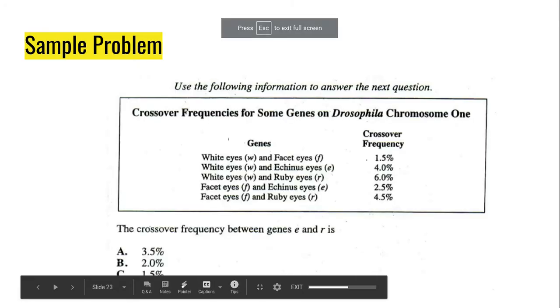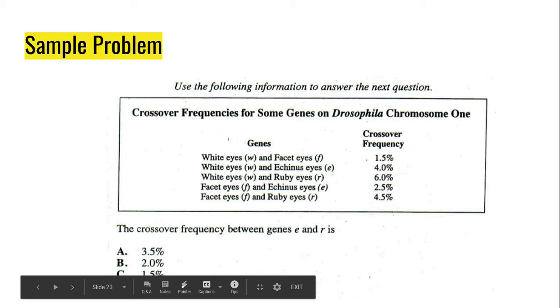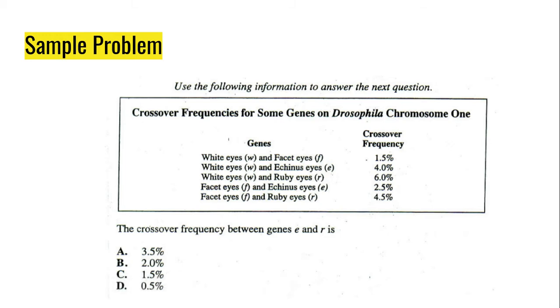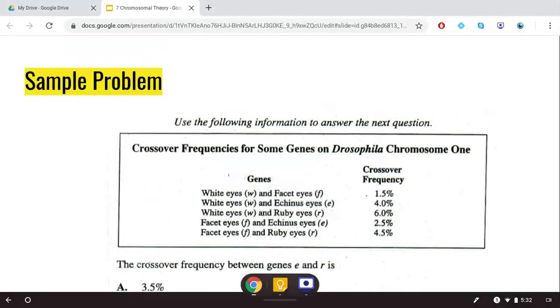If we take a look, we'll see that the white eye and facet eye is 1.5, and the facet eye and ruby eye is 4.5. Hey, look, 1.5 plus 4.5 gives us 6, and it contains both the white eyes and the ruby eyes. So we know that the facet eyes has to be somewhere in the middle.